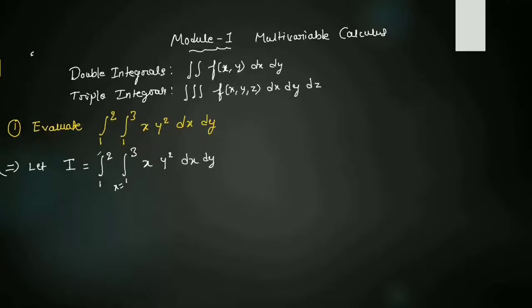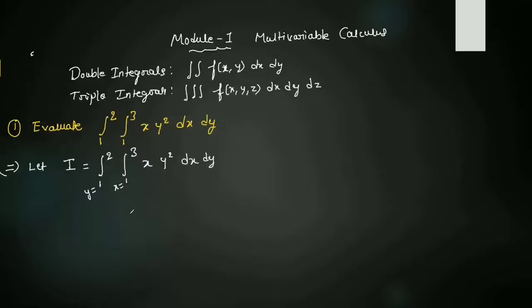Second, with respect to dy, the second integral's limits vary from y equal to 1 to 2. I hope all of you understood this point. This is the first thing we have to identify in the problem.